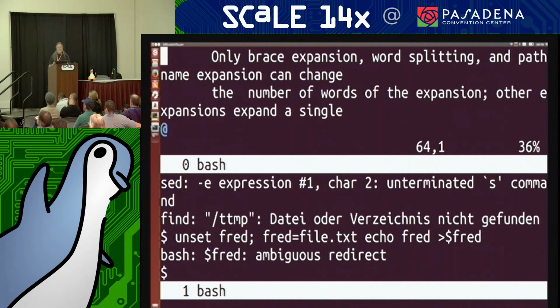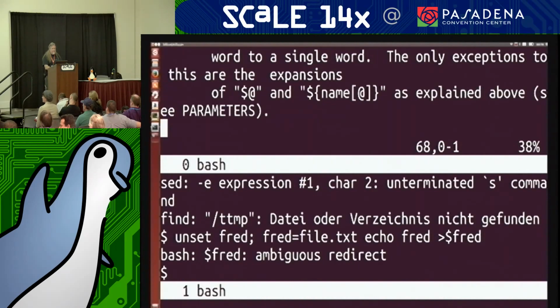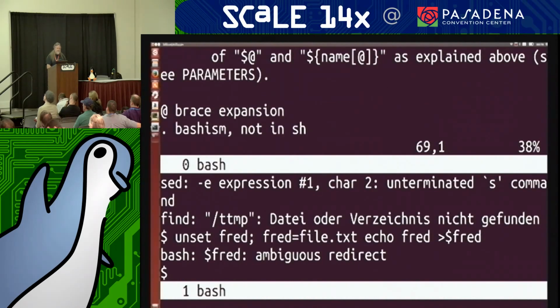Other types of expansion don't. They might have spaces in them, but it's still a single item. And then there's a later expansion that goes through and tokenizes based on whatever your IFS is. We'll cover IFS. Don't change it, but we'll cover it. As I say, that's directly from the bash man page.